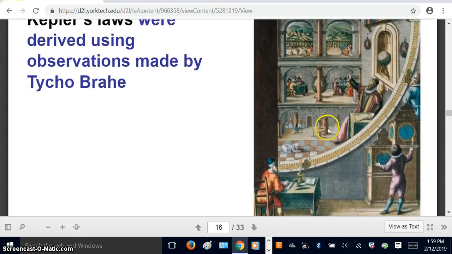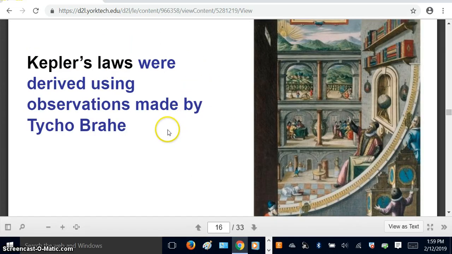It's kind of like a giant sextant. It basically tells angles of different objects in the sky. Tycho Brahe had done years and years of observations. In some cases, like Mars, for example, he had accumulated over 20 years of data.